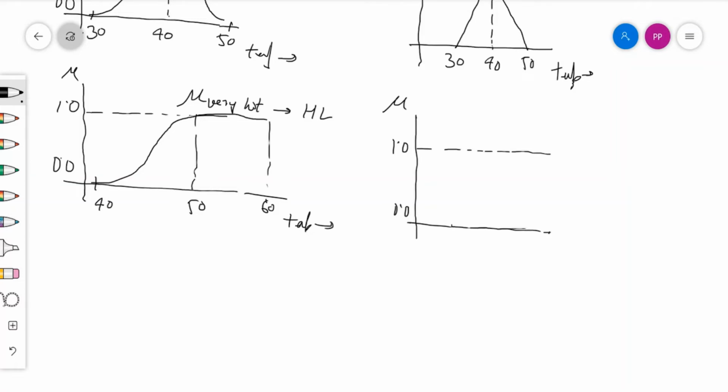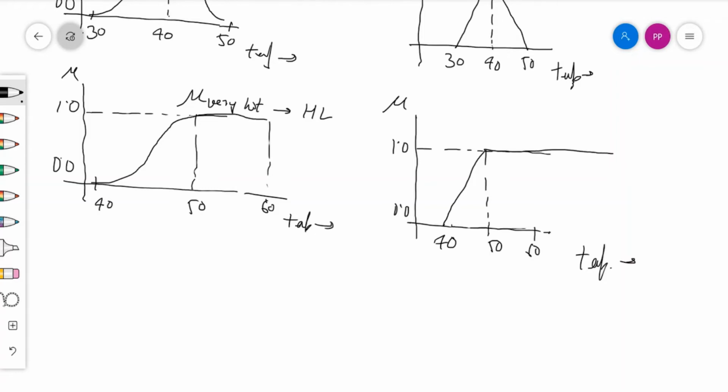So accordingly we can draw the graph like this, straight lines and a straight flat line. So we start from 40 degree Celsius, then 50 degree Celsius, then further 60, 70, 80, like that we can go. So this is the temperature axis.